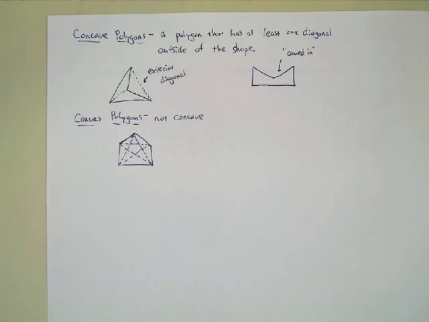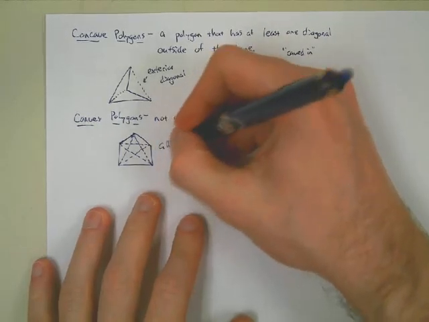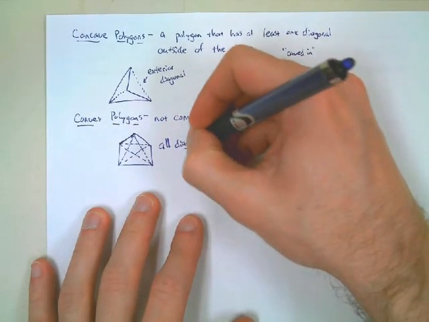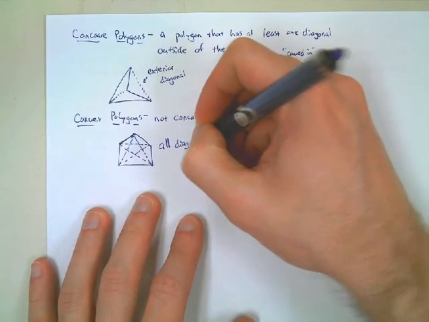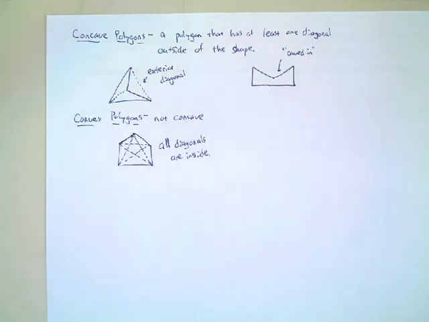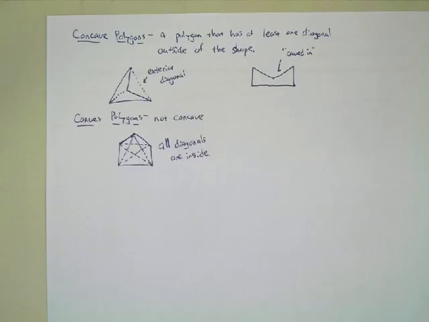All the diagonals that we draw are all inside. All diagonals are inside. Okay? So that's the key. There you go. Properties, properties, properties.